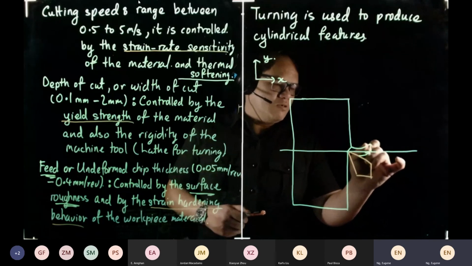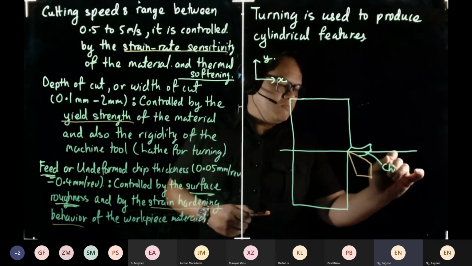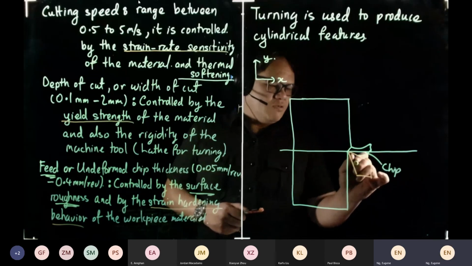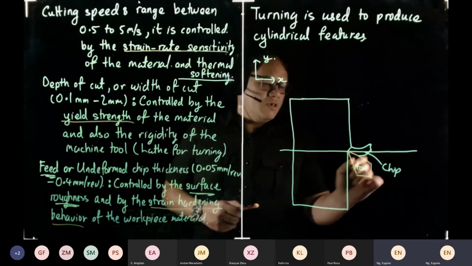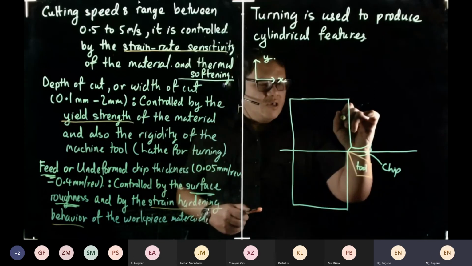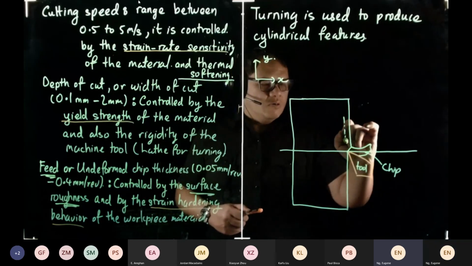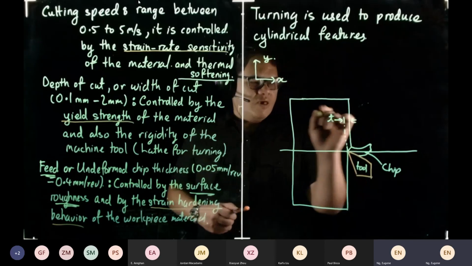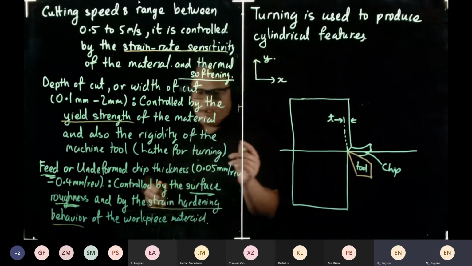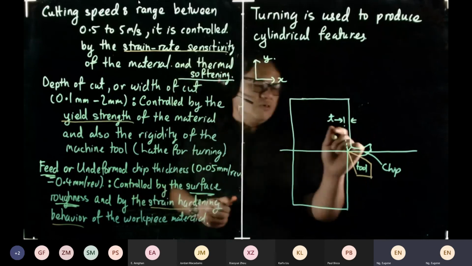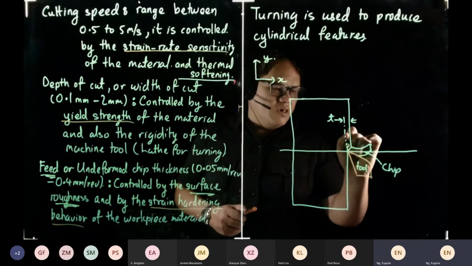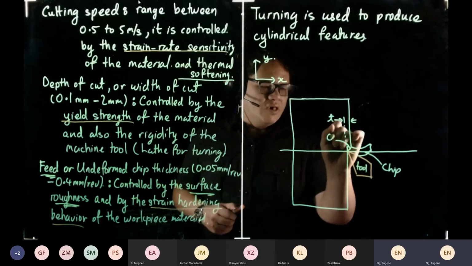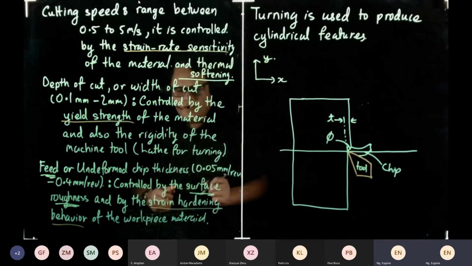This is our chip, this is our tool. And this is our small t. Look at the small t. That is our undeformed chip thickness. And this angle over here, that is our shear angle.